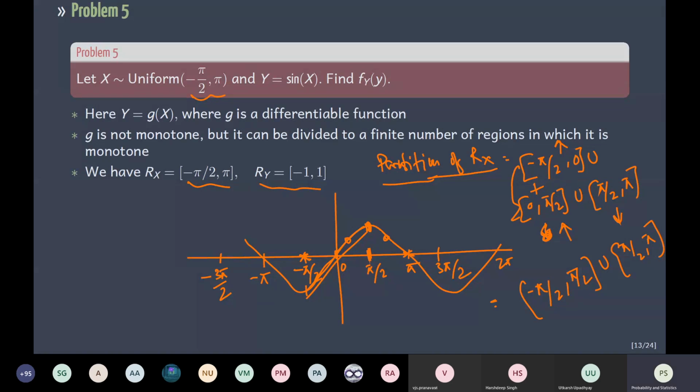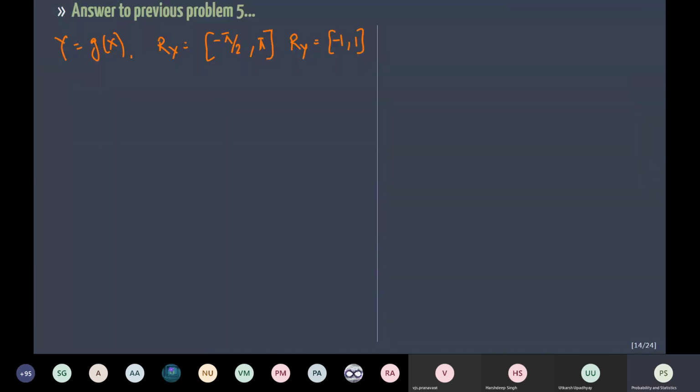Let us now write down the piecewise terms that we get from the method of transformation, right? So this is f_Y(y), and this is f_X(x1) divided by the mod of g prime of x1, where y is sine of x1.